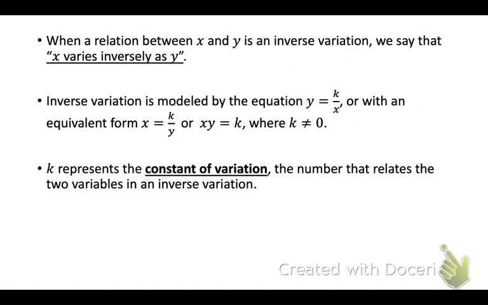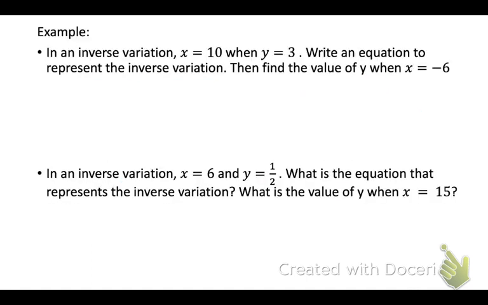So that's nice and neat for algebra, but then it goes away. In an inverse variation, the first thing you're thinking in your head is y equals k over x. Anytime you read inverse variation, what are you going to write on your paper? Y equals k over x.